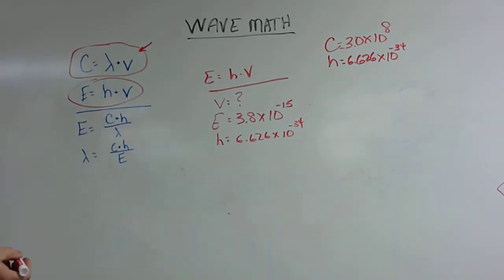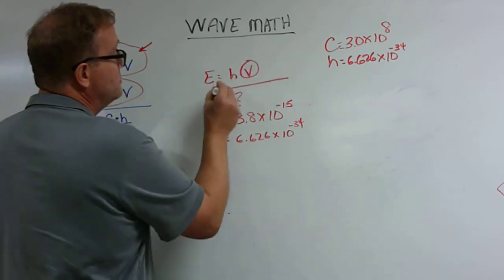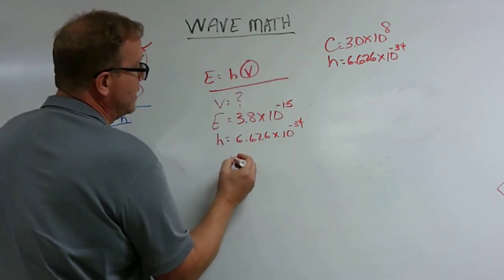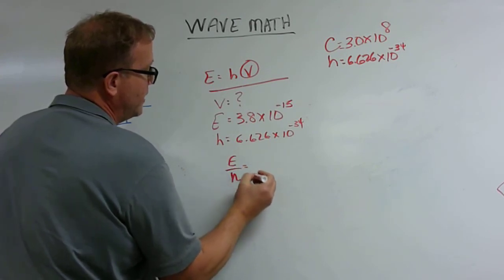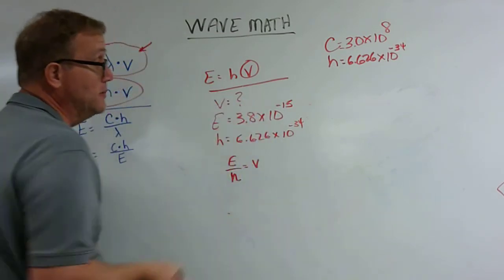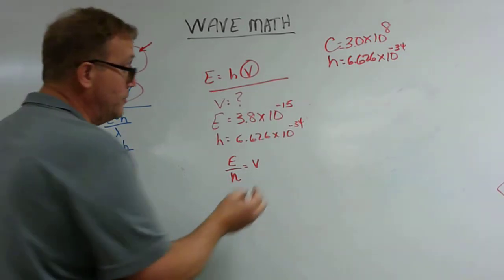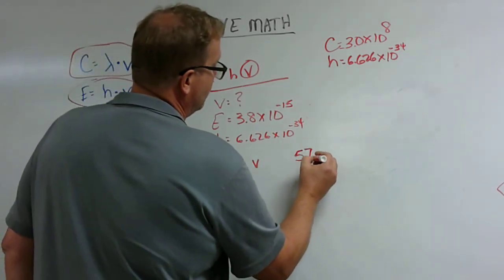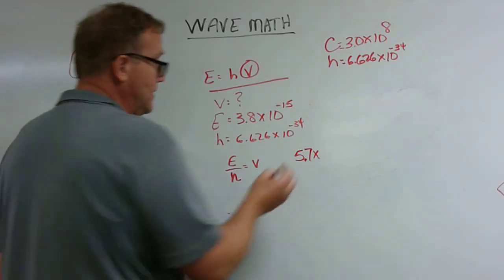Then all I have to do in this case, the one few times that you actually have to modify it, in order to solve for this one, I just have to divide my energy divided by Planck's constant would equal this. So then I just pop in the numbers. If you wanted to give that a try on your own, this will actually end up being 5.7 times 10 to the 18th power.